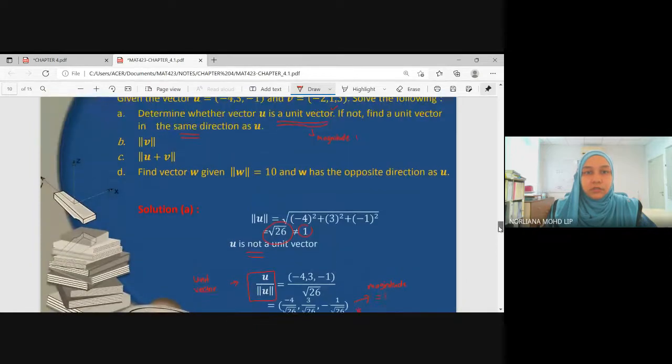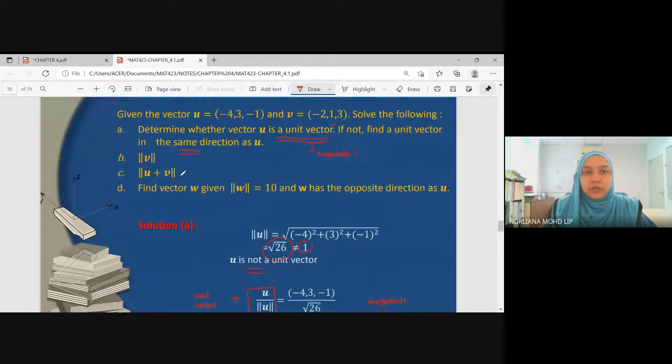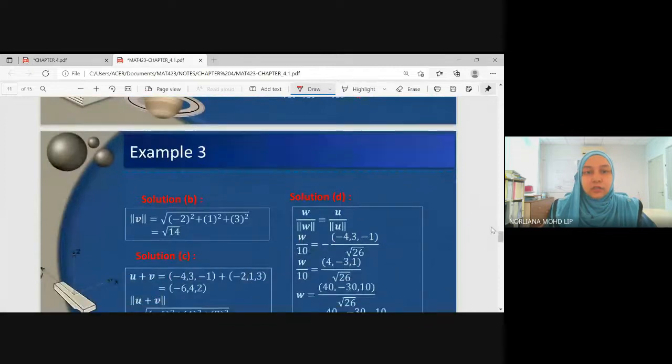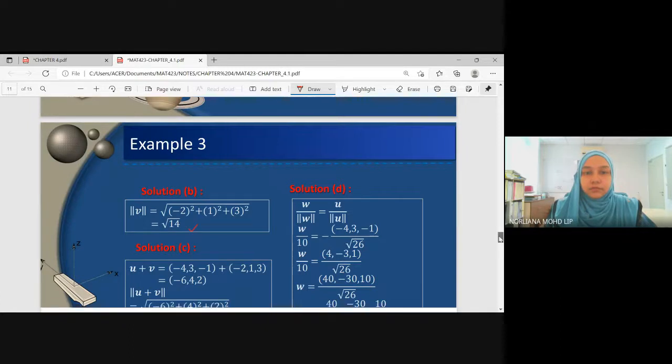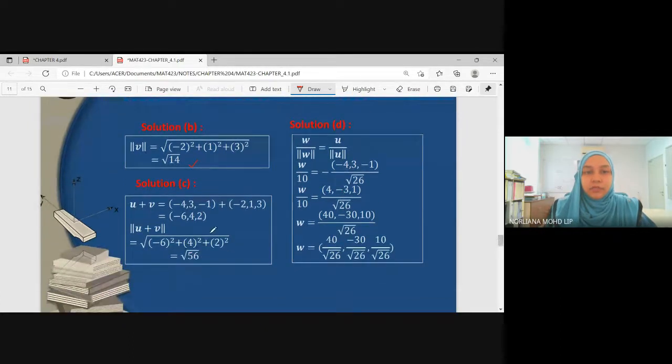Okay, question B. Find the magnitude of vector V. It is the square root of negative 2 squared plus 1 squared plus 3 squared, which is equal to square root 14. Okay, question C. The magnitude of U plus V. First you have to find the vector U plus V, using the operation addition.